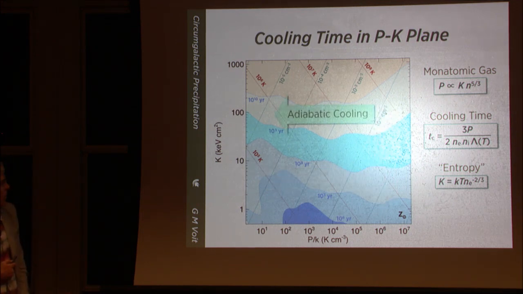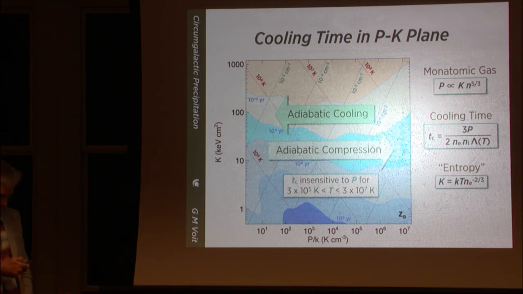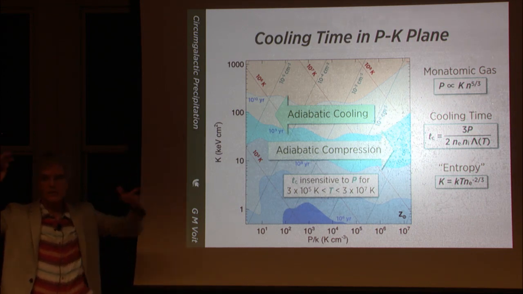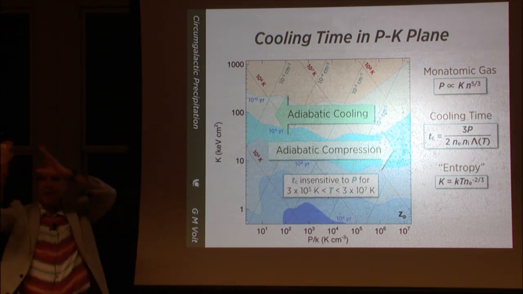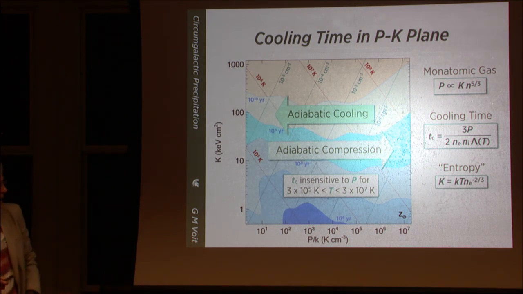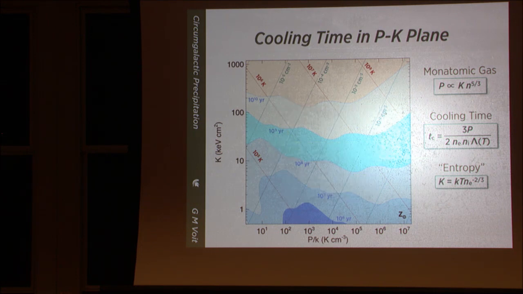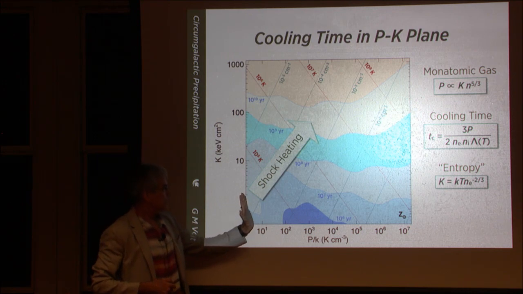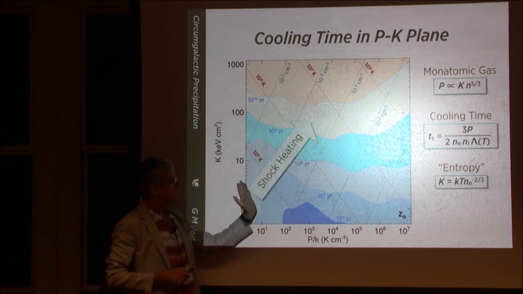Now, one thing I want you to notice here is adiabatic processes in this temperature range don't change the cooling time very much. Right? If you're on a certain adiabat and your temperature is between about 3 times 10^5 and 3 times 10^7, and you're moving the gas to different pressures, you're not changing the cooling time that much. And that has the effect that, if you shock gas above about 10^5 degrees, you're raising the cooling time.